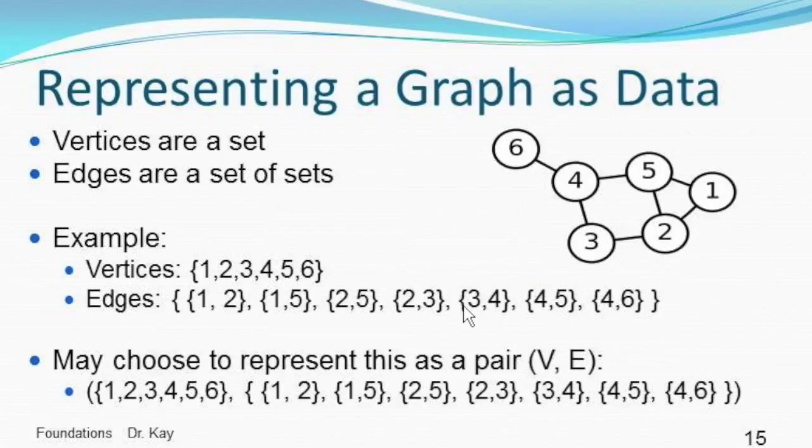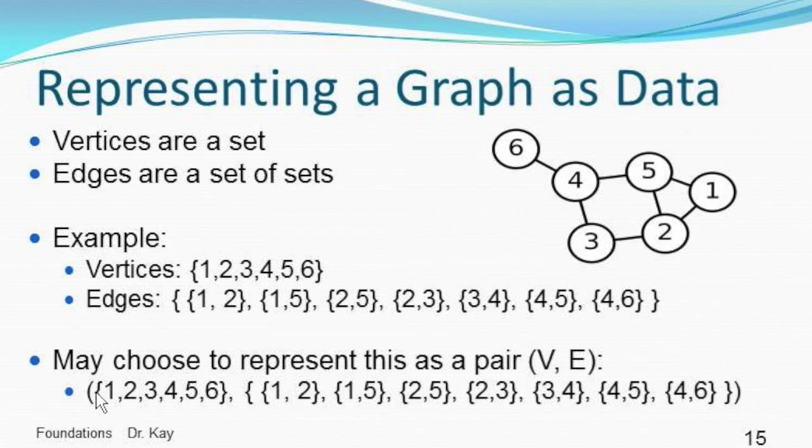on the graph. Now, one of the things we're going to do a lot is, rather than say a graph has vertices and edges and talk about them separately, we're going to represent a graph as a 2-tuple, an ordered pair, where the first element is the set of vertices, and the second element is the set of edges.